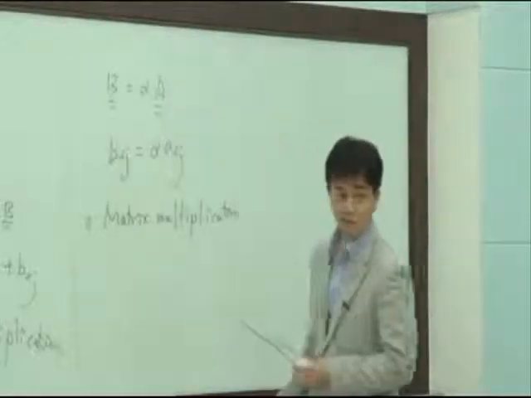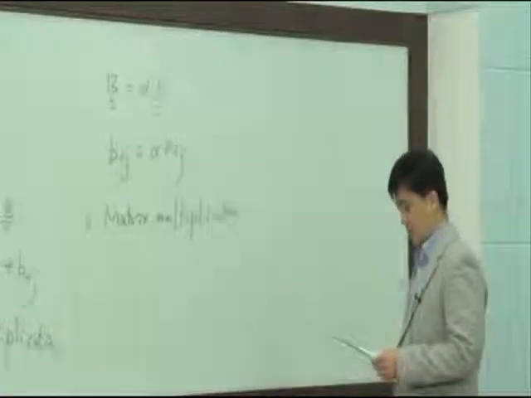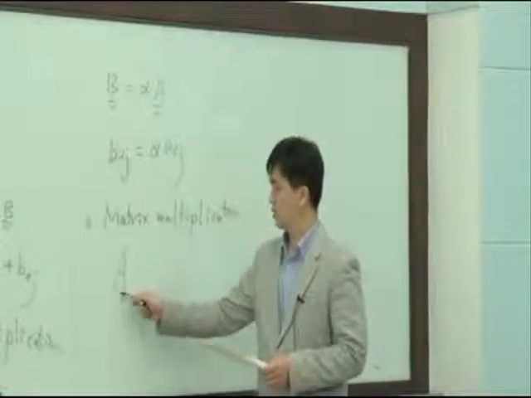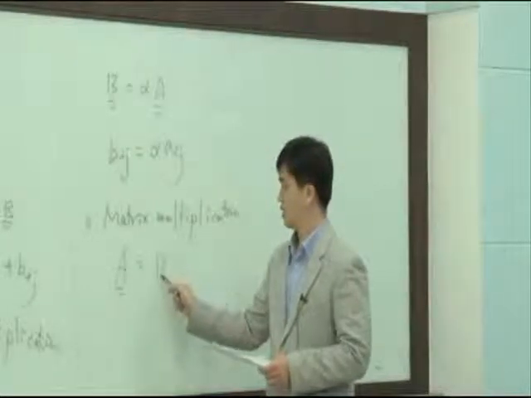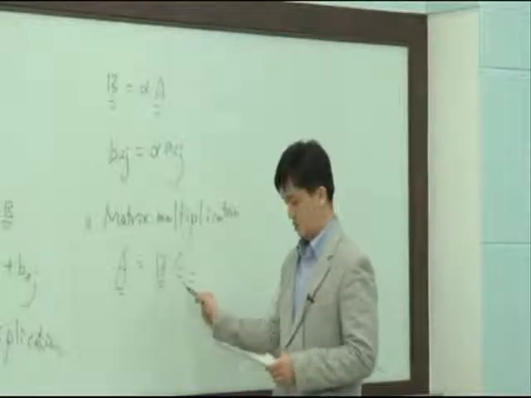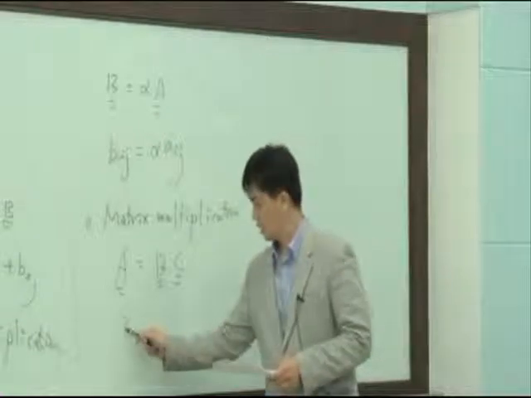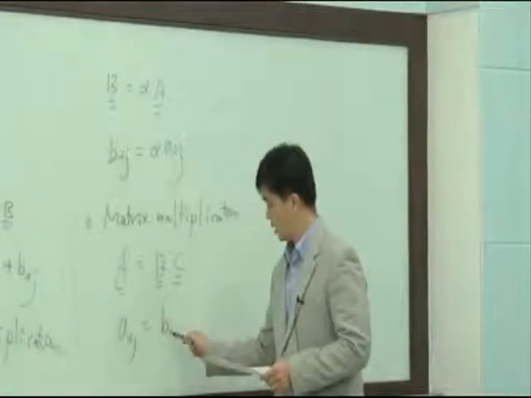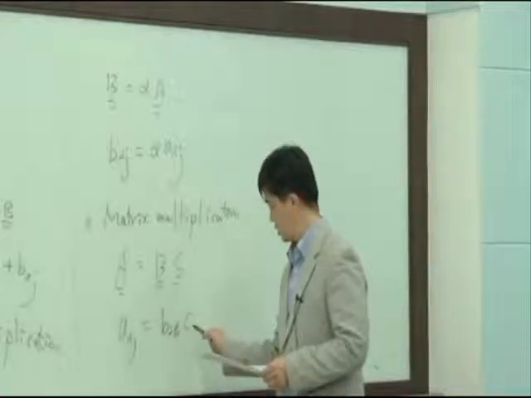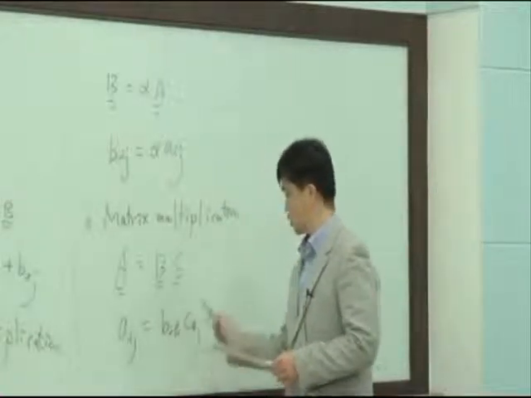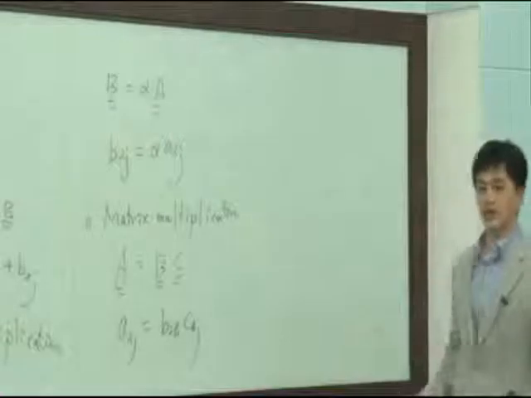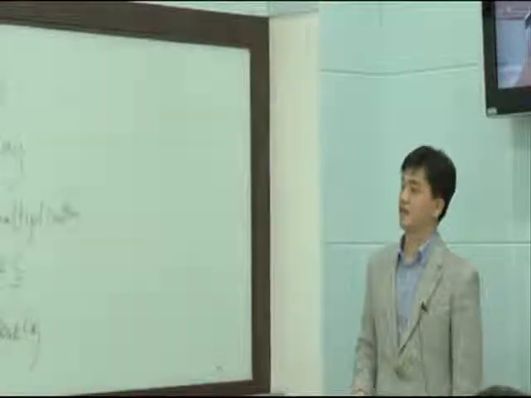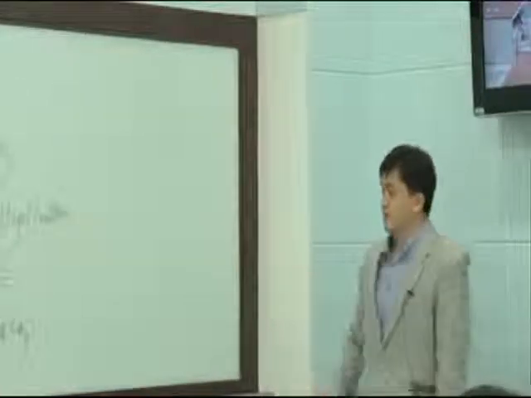And matrix multiplication. This is a little bit complicated. A equal B, C. Aij equal Bik, Ckj. Here we have a K. Okay, here let me ask the question.